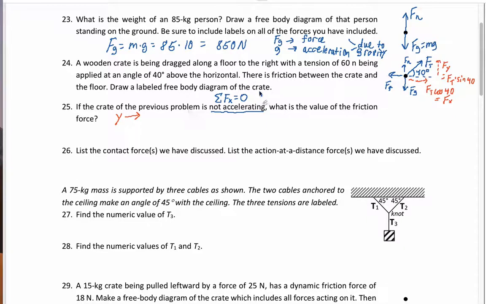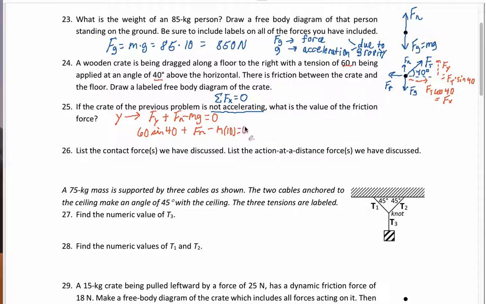And so when we set up these equations in the y direction, the first thing I'm going to note is that Fy plus the normal force minus mg equals 0. And so I'm going to get very specific. This is going to be 60 times the sine of 40. I'm getting these numbers from up here, plus the normal force, which is unknown. It's not equal to mg. Please be careful with that. Minus m times 10 equals 0.